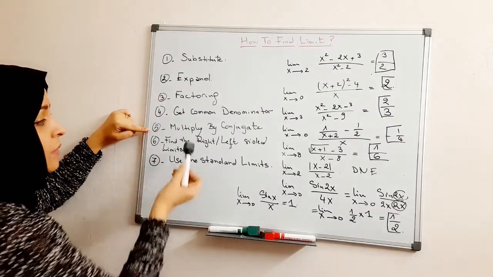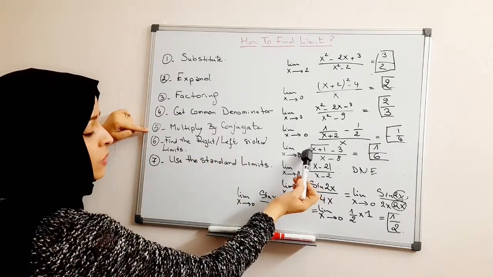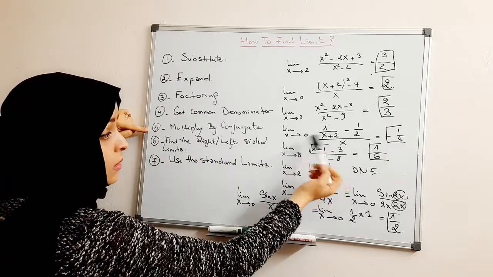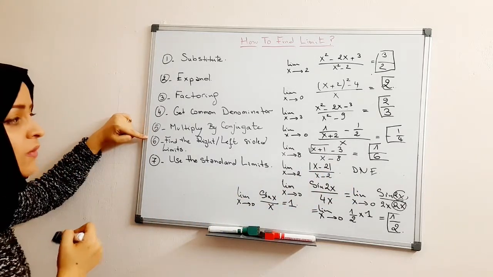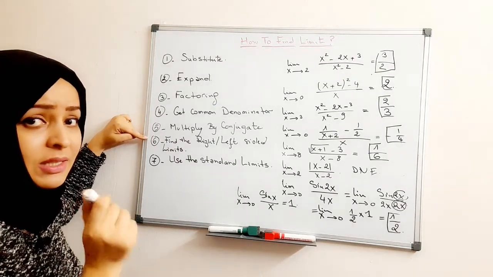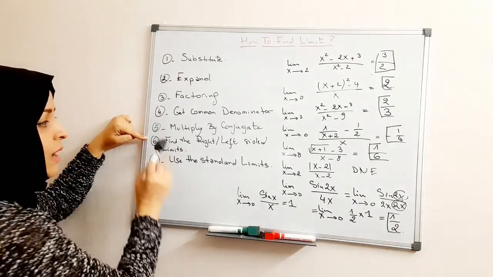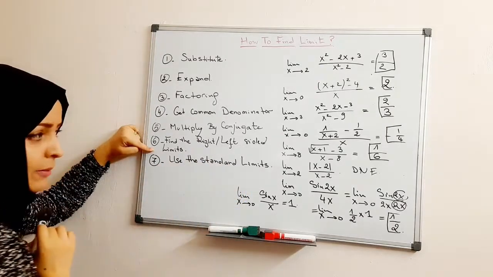Sometimes we will have to multiply by the conjugate if we have a square root in the numerator. And if we want to find the limit at a point where the function is discontinuous, we have to find the right and the left-sided limits.